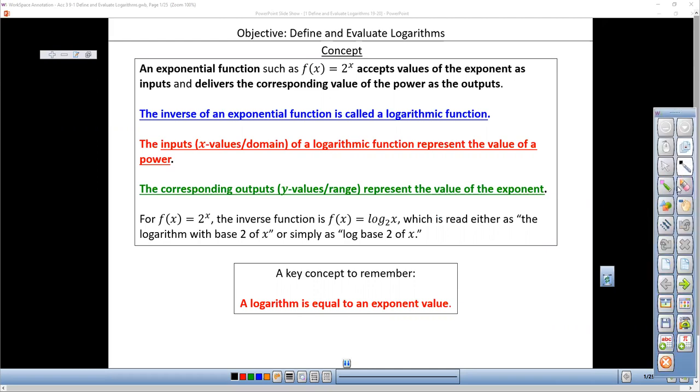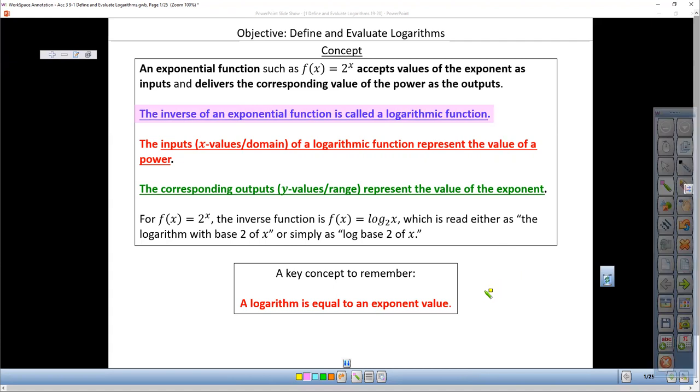So, logarithms are basically the inverse of our exponential functions. So a logarithmic function and an exponential function would be inverse functions. And so know that when we have an exponential function shown here, our f of x equals 2 to the power of x, x, remember, is the exponent.